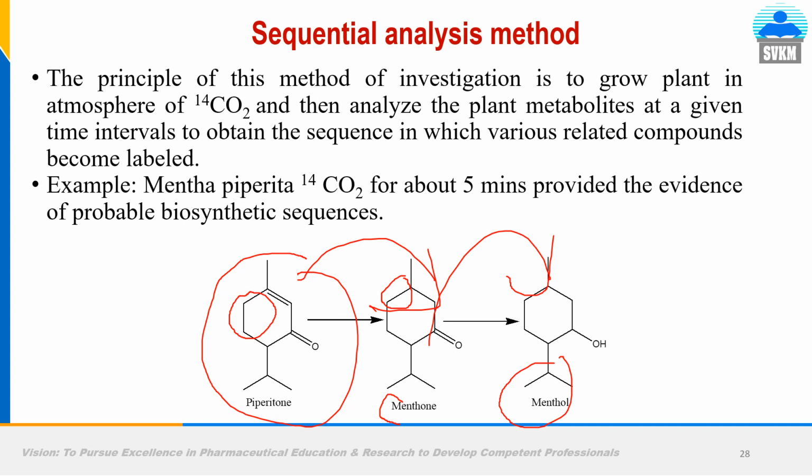Isolate menthone and check the radioactivity, isolate menthol and check the radioactivity. It means they are becoming possible in a sequential manner, and that's why the process is called the sequential analysis method.